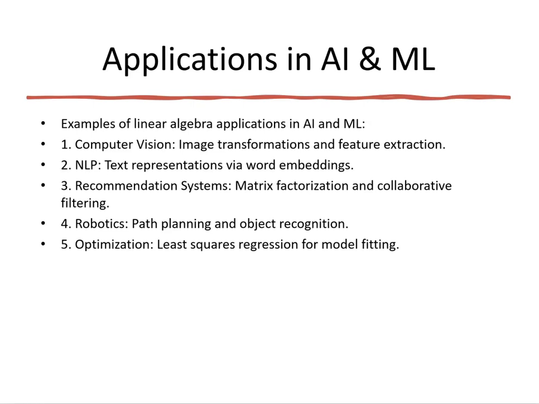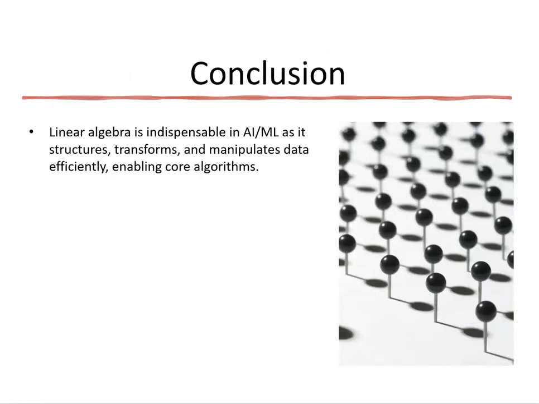Robotics, that is path planning and object recognition, and then optimization, that is least squares regression for model fitting. So we see that linear algebra is indispensable in AI and ML as it structures, transforms, and manipulates data efficiently, enabling core algorithms.